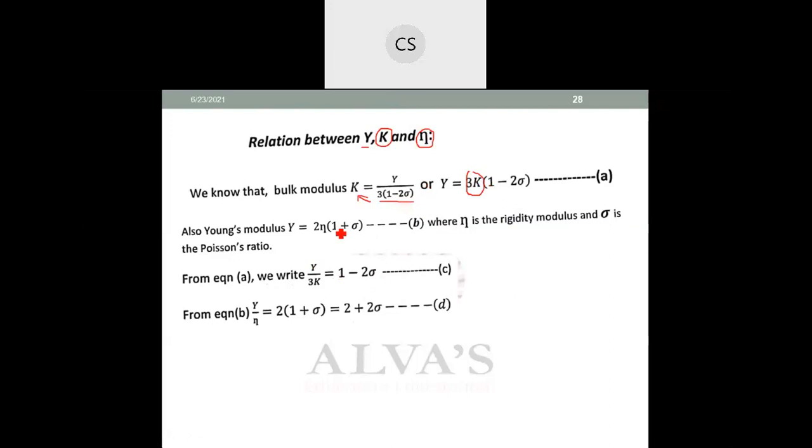In the same manner, equation B, we will take the eta to left hand side. So therefore you will get Y by eta is equal to 2 into 1 plus sigma. You can take the 2 inside, so therefore you can write it as Y by eta is equal to 2 plus 2 sigma.